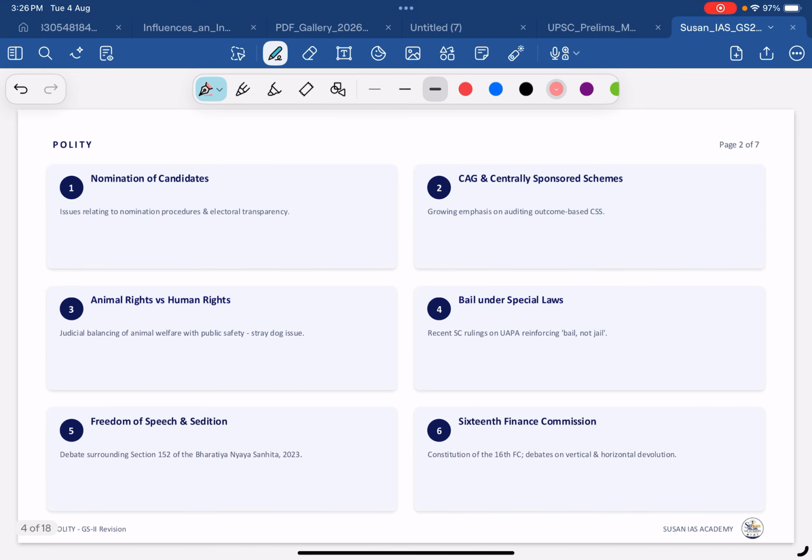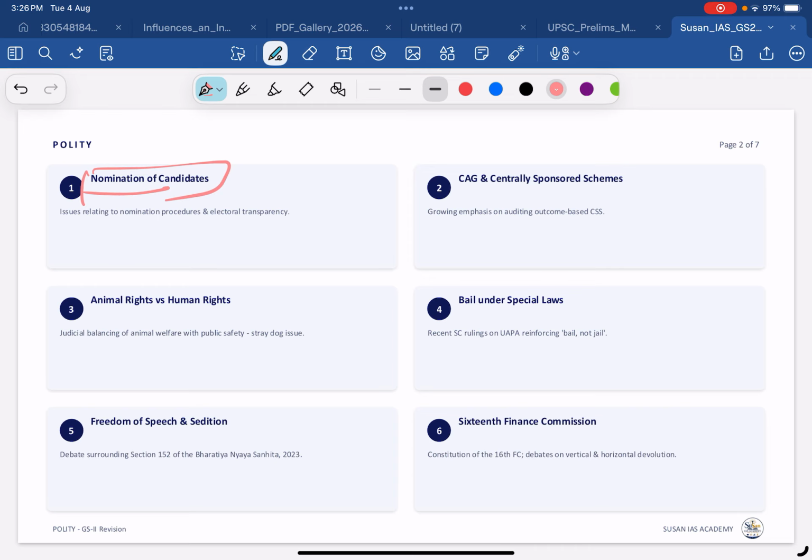So the next topic is nomination of candidates, like the constitutional and statutory framework of nomination of candidates, Representation of the People Acts, nomination procedures, criminal antecedents, electoral transparency, and what is the role of the ECI. So one can refer to this for nomination of candidates.